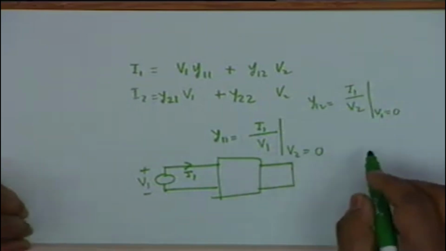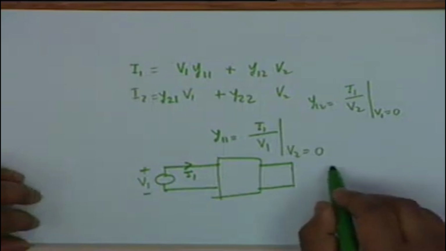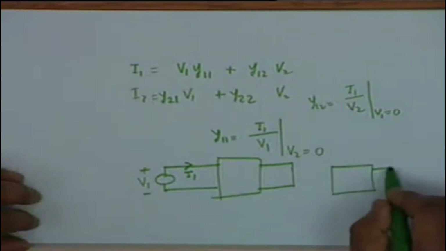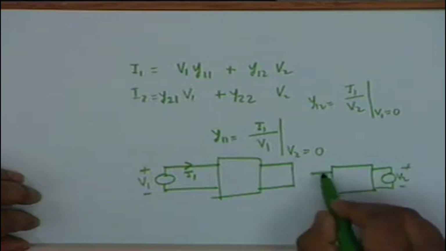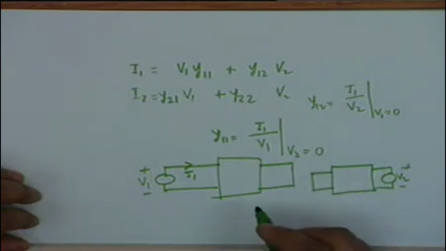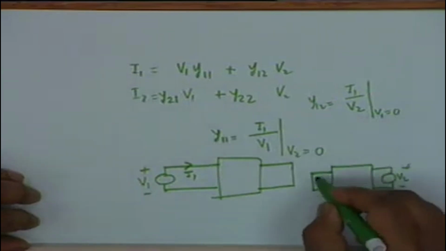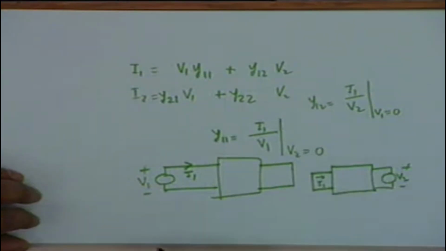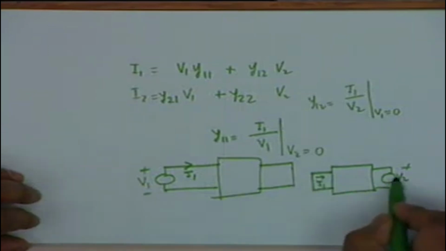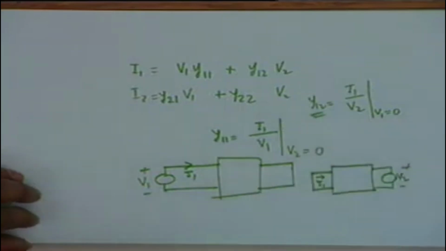That means you apply a voltage generator, let me represent it, you apply a voltage generator V2 here, then you short circuit port 1, V1 equal to 0, and measure this current I1. The ratio of I1 to V2 shall be Y12.